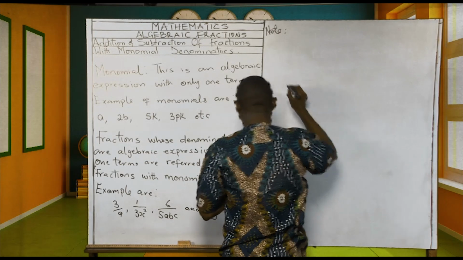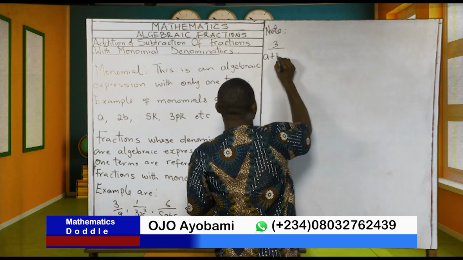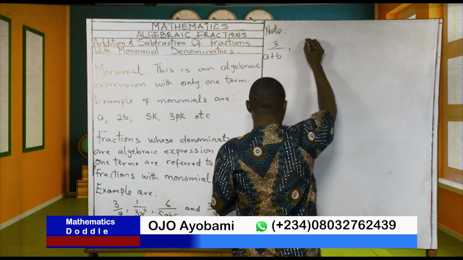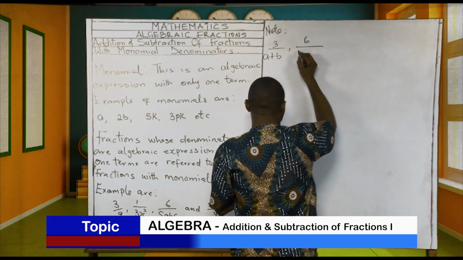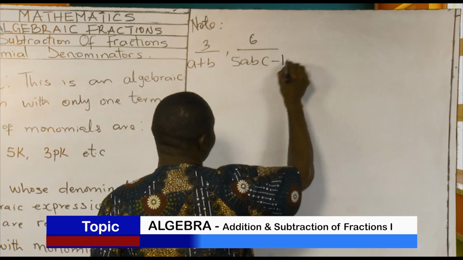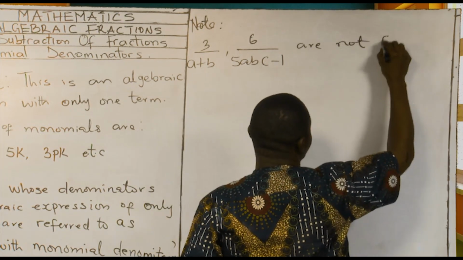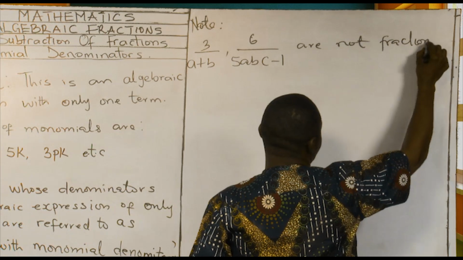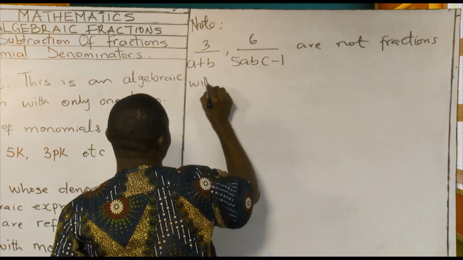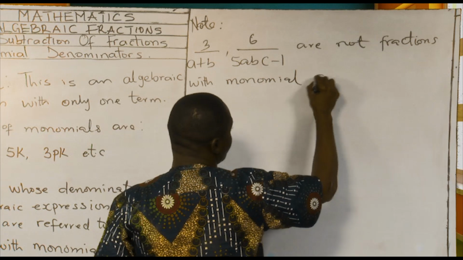Take note that 3 over a plus b and 6 over 5abc minus 1 are not fractions with monomial denominators.